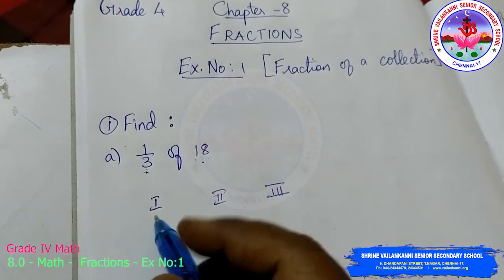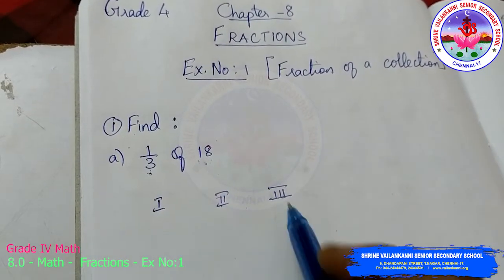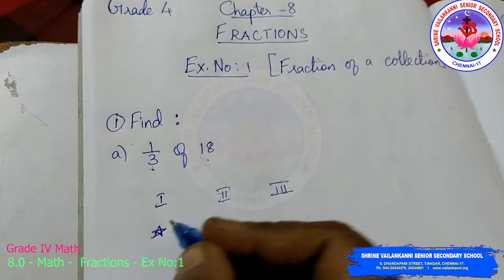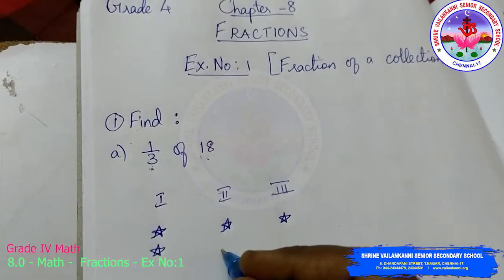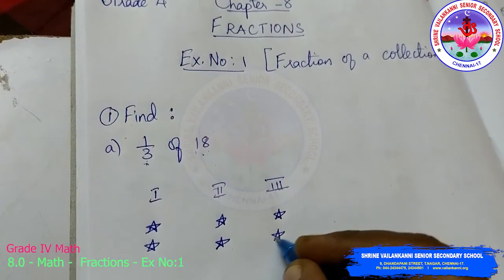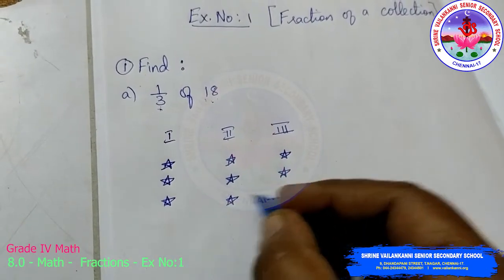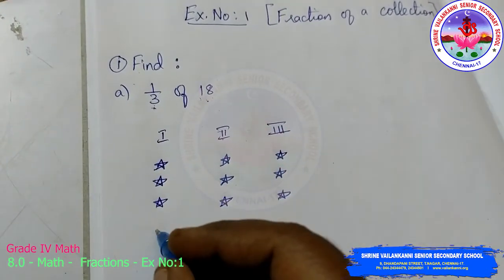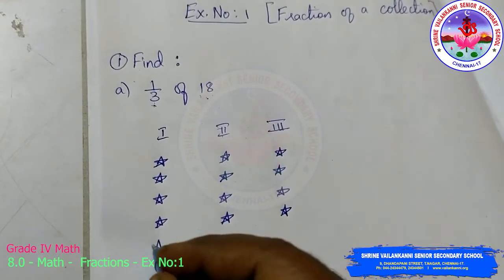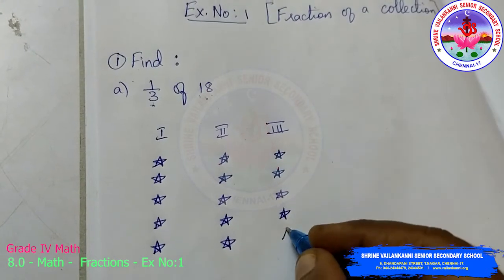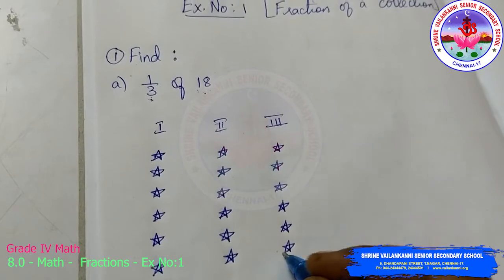From these 3 parts, this 18 I am going to split: 1, 2, 3, 4, 5, 6, 7, 8, 9, 10, 11, 12, 13, 14, 15, 16, 17, 18.